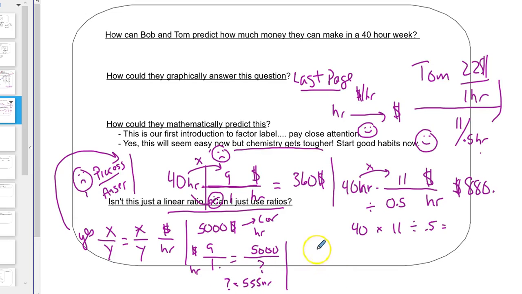Now, let's look at how much time it takes for Tom to get this. Now, I'm going to do this a little differently. I'm going to go dollars per hour, equals, now, dollars per hour. So I want to show you the algebraic way of doing this. And things move diagonally. So I want to solve for this guy.